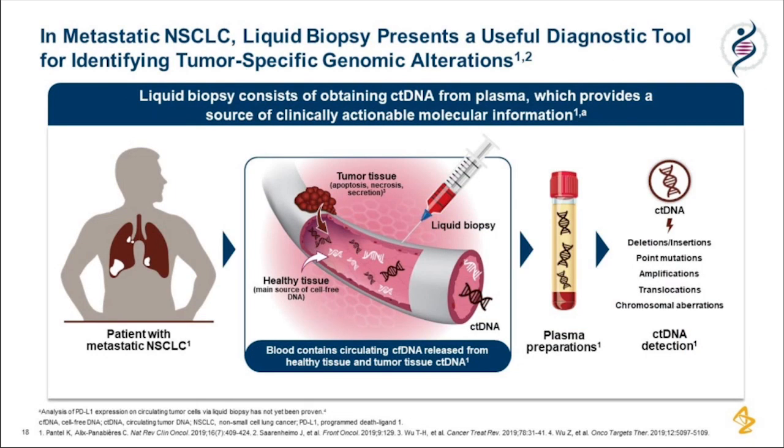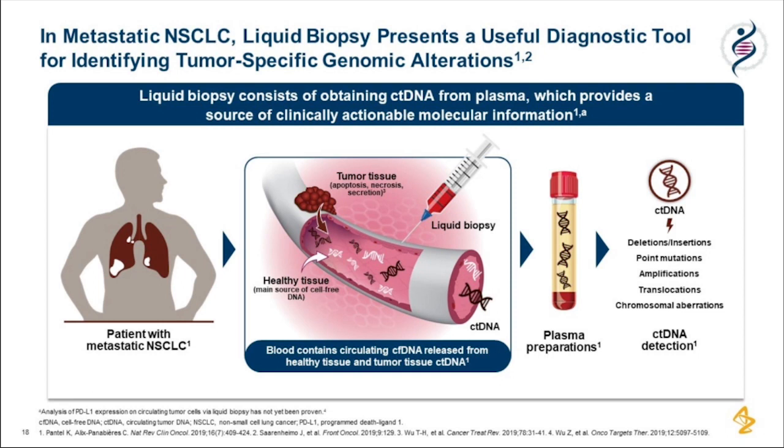In metastatic non-small cell lung cancer, liquid biopsy presents a useful diagnostic tool for identifying tumor-specific genomic alterations. So when we have our patient with metastatic non-small cell lung cancer, you can essentially do a venipuncture, because the blood collected may contain circulating or cell-free DNA released from healthy tissue and also from tumor tissue.